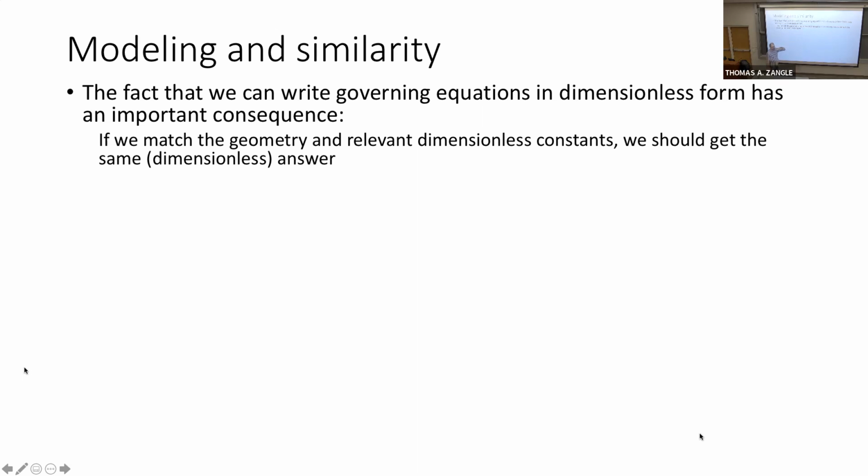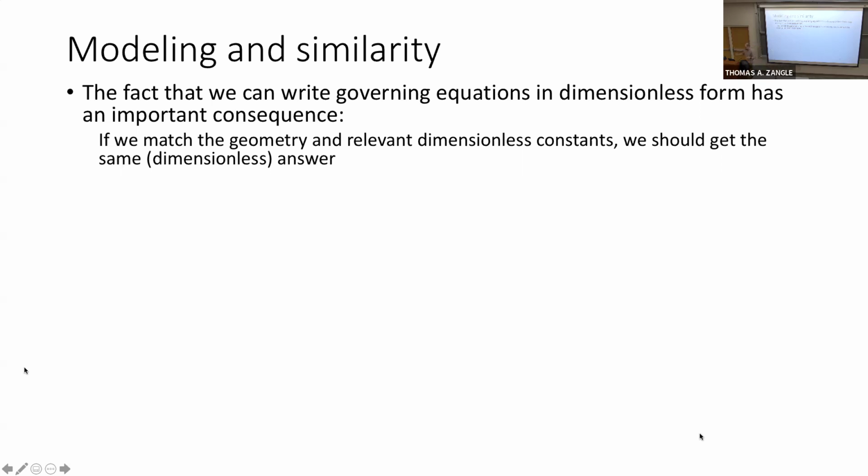Meaning that if I'm looking at flow around a cylinder in water versus a cylinder in air, and I match the Reynolds number between those two flows, then I should see the same behavior in water as I did with the flow in air.